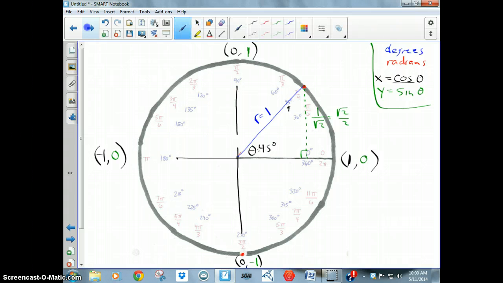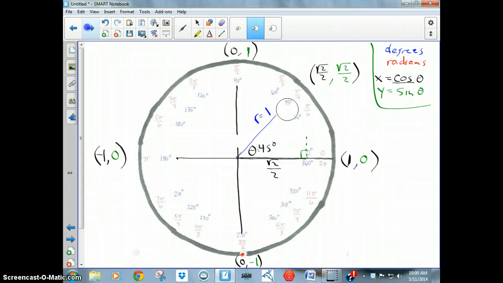And it makes my black line distance on the bottom the same, since it's a 45, 45, 90 triangle. So therefore, the coordinate of point P, my red dot, is the square root of 2 over 2. That's the cosine value. And the sine value is also the square root of 2 over 2. All right, very good. So that takes care of that guy.